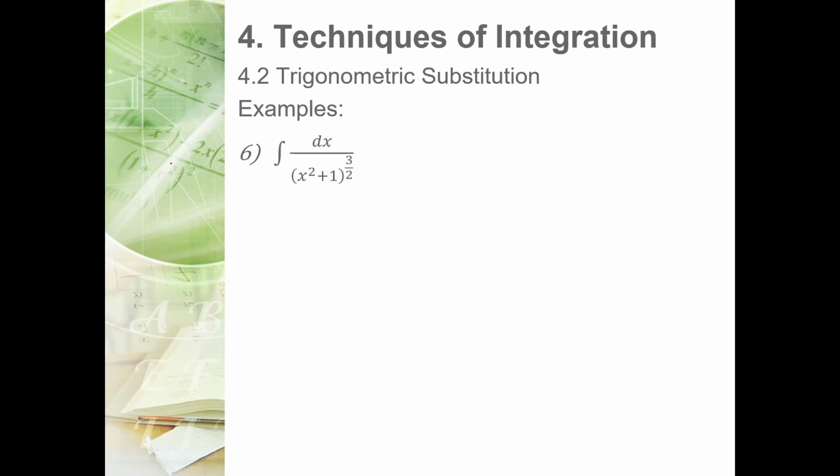So before we try to get the trig sub for this one, since this one is 3 halves, let's try to simplify this one first. So this will be the integral of dx. In terms of its radical expression, notice that the denominator is 2. So that will be the square root of x squared plus 1 and then cube, di ba?